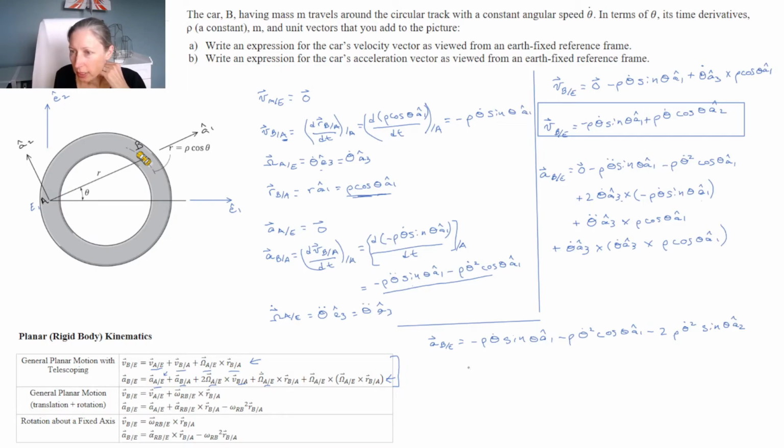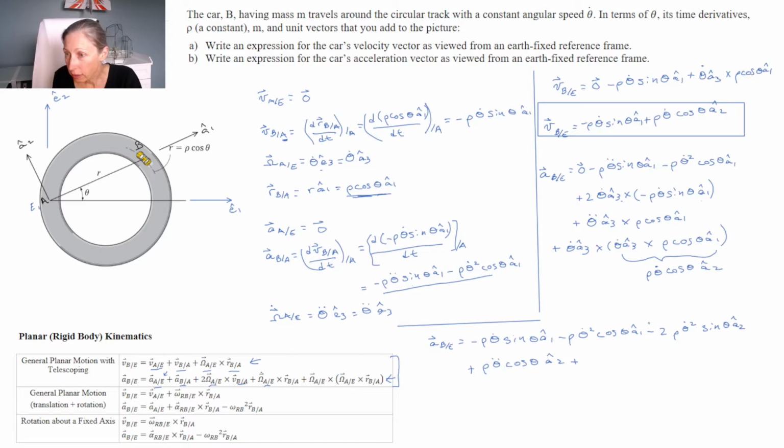So that is going to be plus rho theta double dot cosine theta A2, and then plus here I'm gonna take this cross product right here. So A3 cross A1, so this is going to be in the A2 direction, so I'm going to write this as rho theta dot cosine theta A2, and then we have A3 cross A2, which is going to be negative A1.